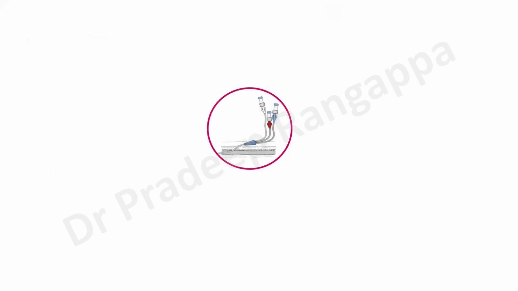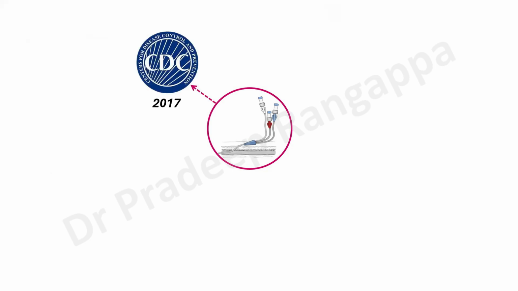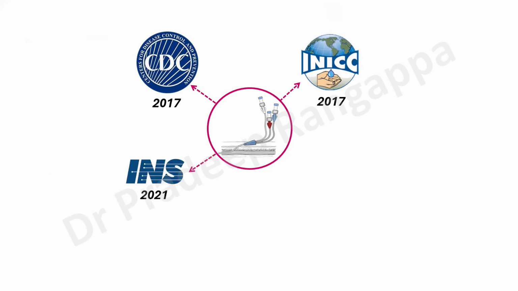If you look at the guidelines, whatever I'm going to talk about is endorsed by these. CDC has come out with the CLABSI prevention guidelines in 2017. Whatever I would be talking about is substantiated by these global agencies. This is the International Nosocomial Infection Control Consortium, called INICC, which also came with guidelines in 2017.